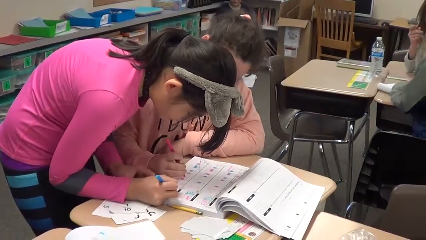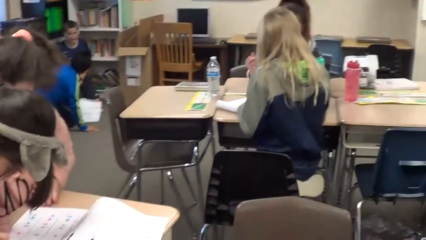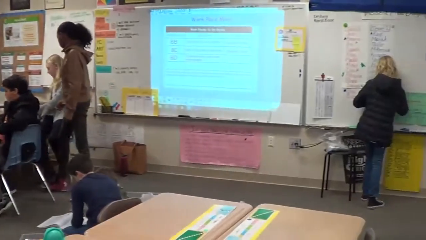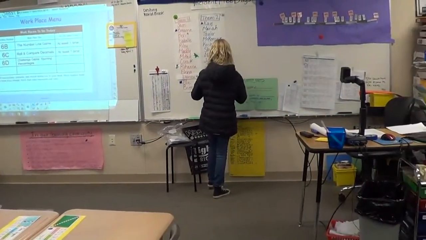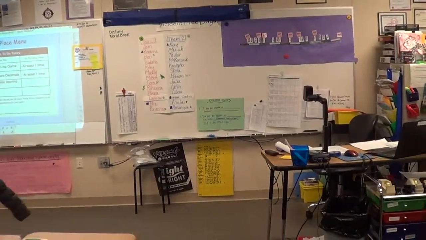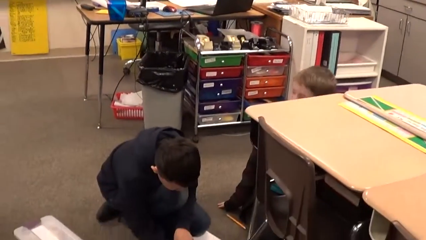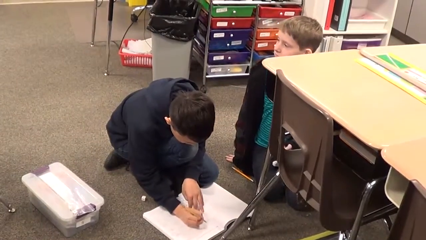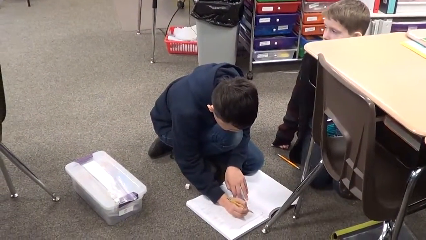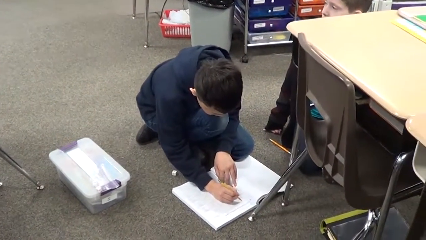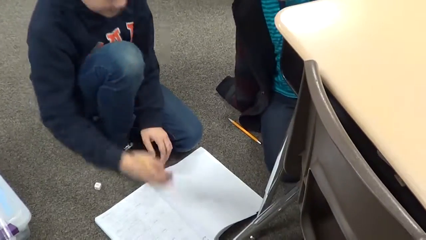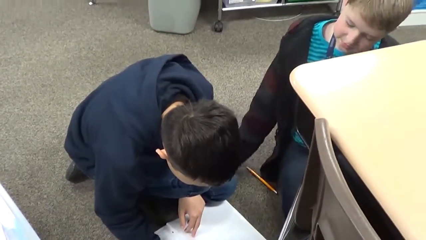What's this thing? 270. So my grand total was 5. So it's 8.